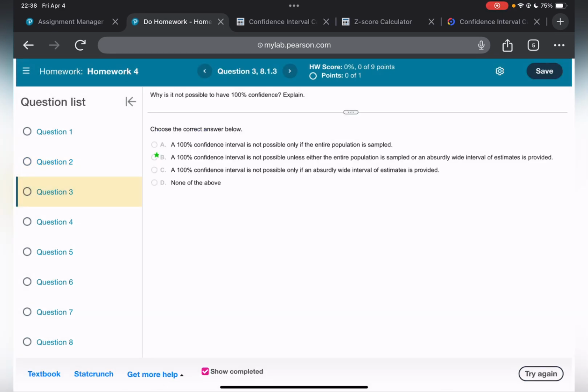Question number 3. Why is it not possible to have 100% confidence? It's a very easy answer, because when you have a large sample or a large population, you can only take an approximate amount or interval. It's enormously difficult. Let's say we want to find the average age of the population of the United States.